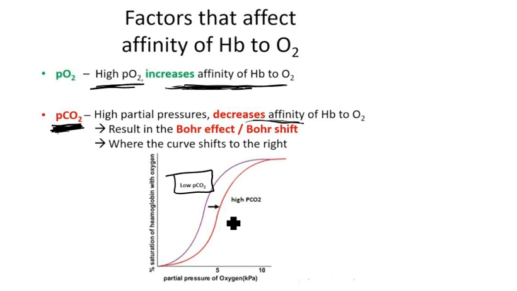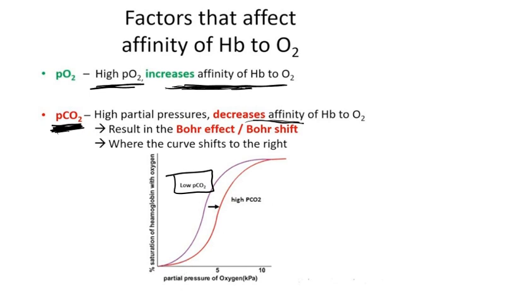We'll talk about this later. That shift is what we call the Bohr shift. So what brings about the Bohr shift is the concentration of carbon dioxide. When carbon dioxide is high, it will cause a shift in the curve, but when it's low, it maintains a certain position.